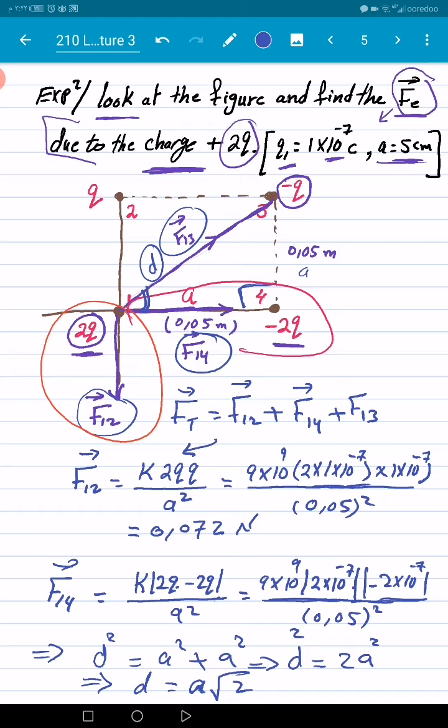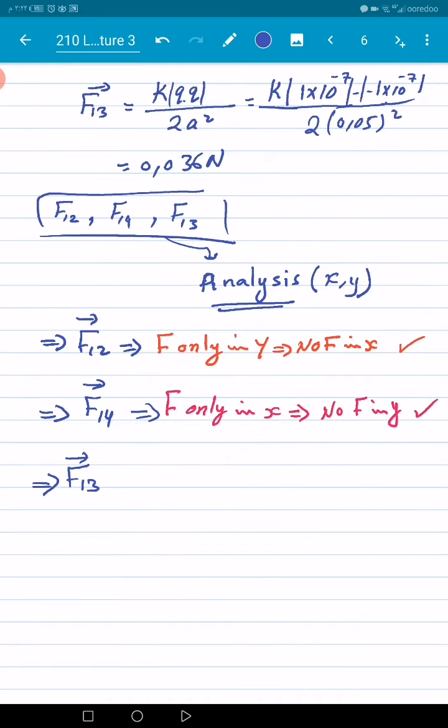You can find the angle. So the angle is equal to 45 degrees. So F13 can work in x and in y. So F13 in x is equal to F13 cosine 45 degrees.